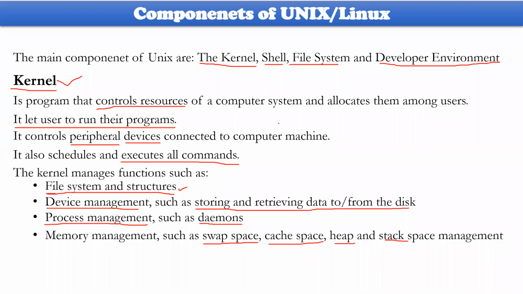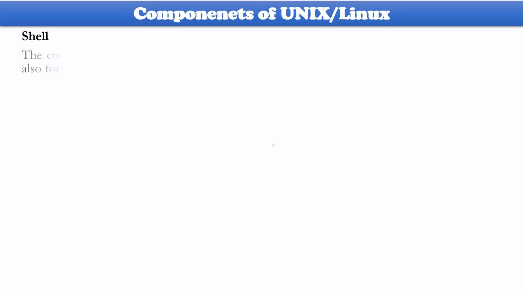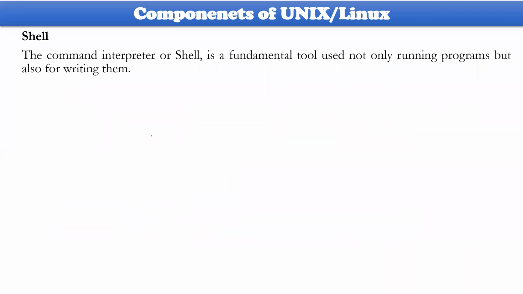So finally, what I'd like to specify in terms of a kernel is that it is a set of programs which are used to control the complete system. Whatever system we have with us, the complete system is managed by the kernel only. Okay. Then the shell. The shell is the command interpreter.